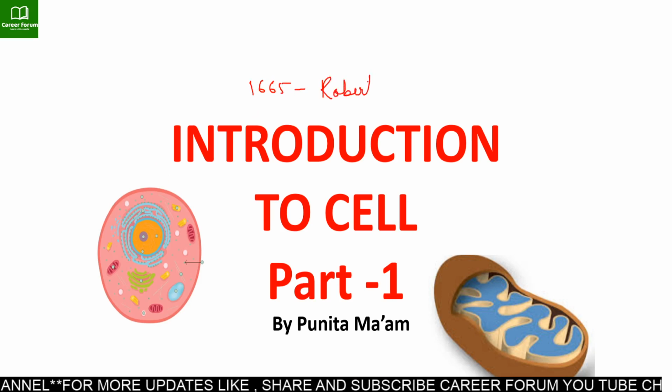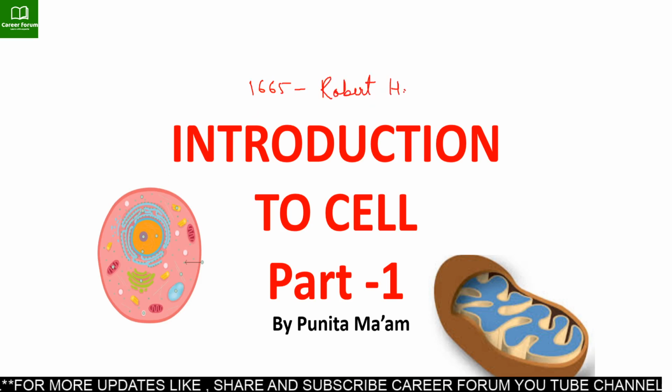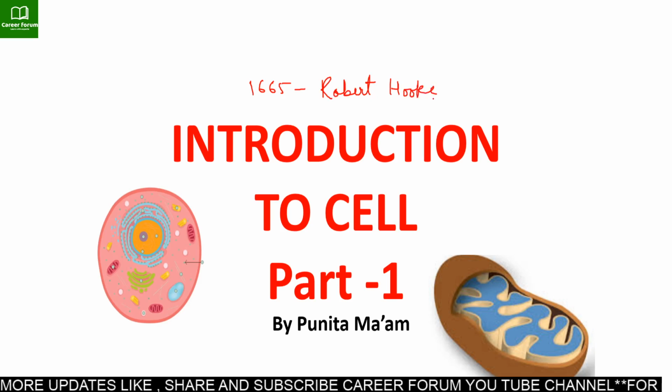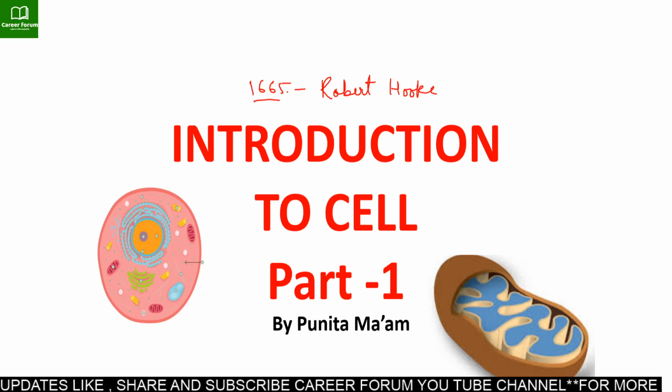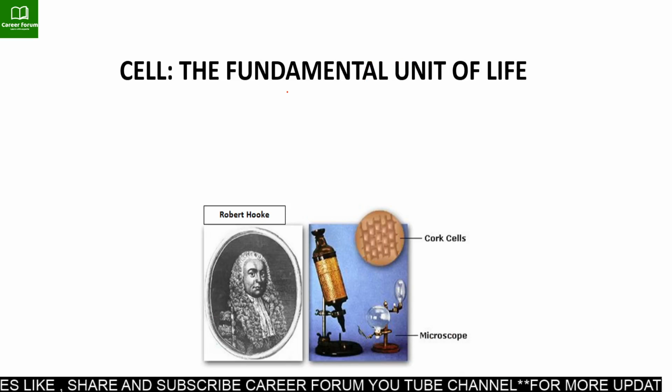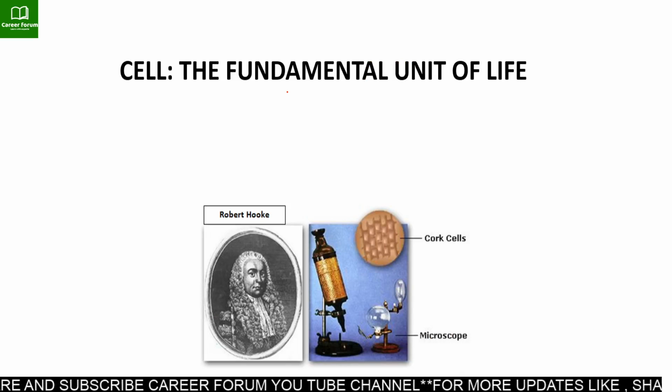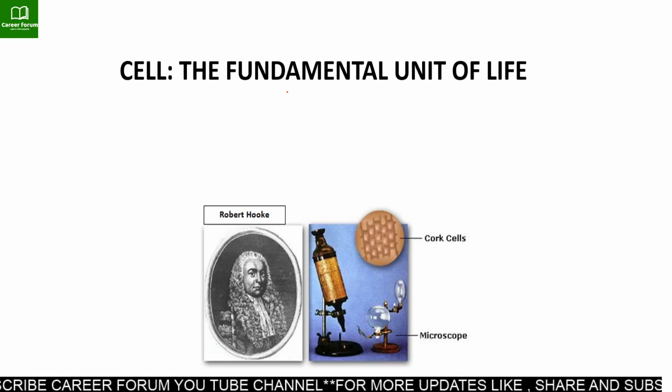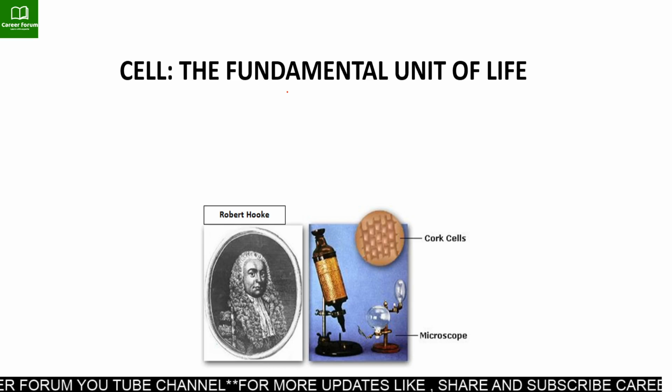So he was the person behind this discovery, Robert Hooke, in the year 1665. He used his primitive microscope, which was not well advanced, because in those days microscopes were not very strong, but Hooke was able to make an important discovery using it.